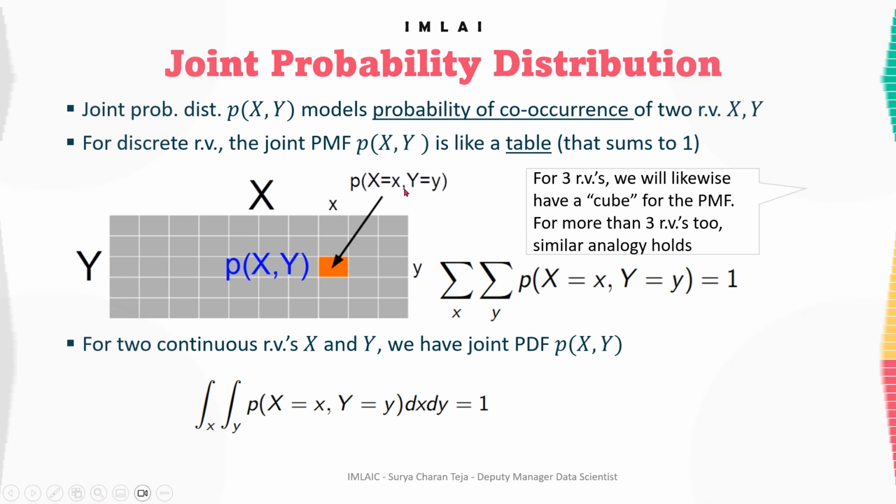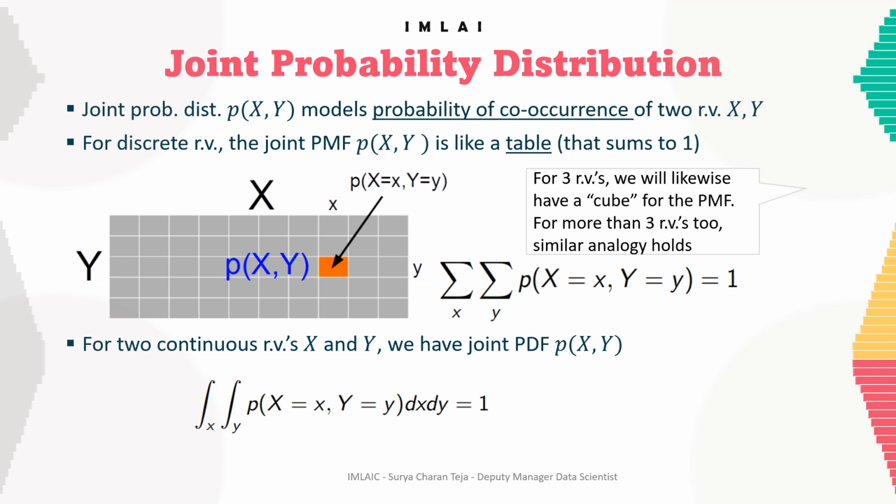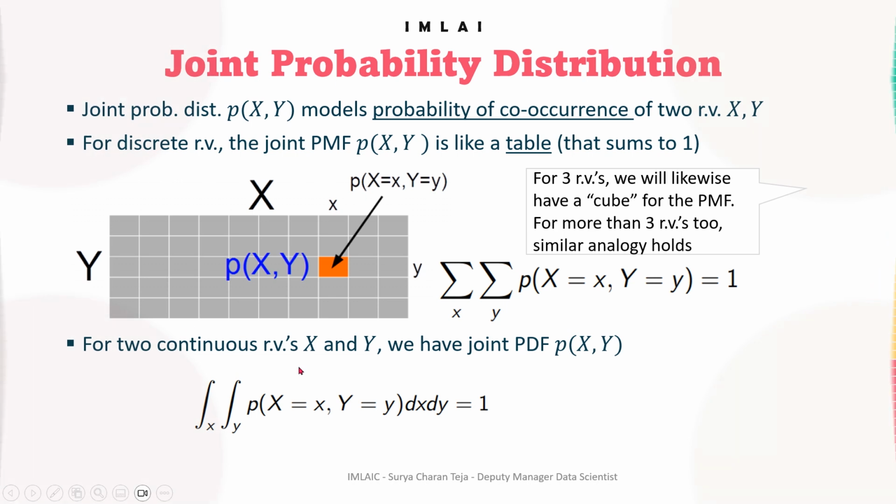That's it. We will likewise have a cube for the probability mass function. For more than 3 random variables, a similar analogy holds. And this is for discrete random variables.